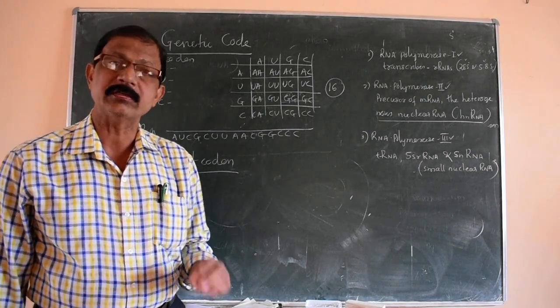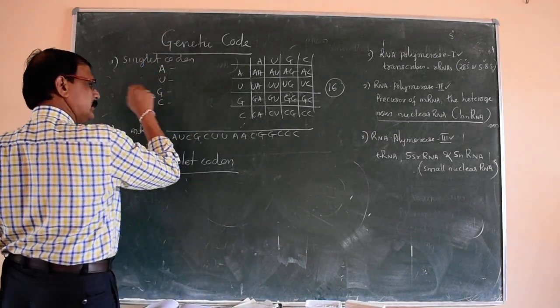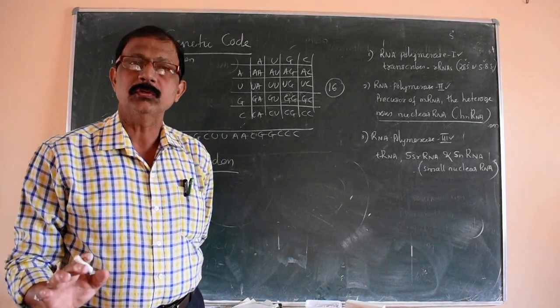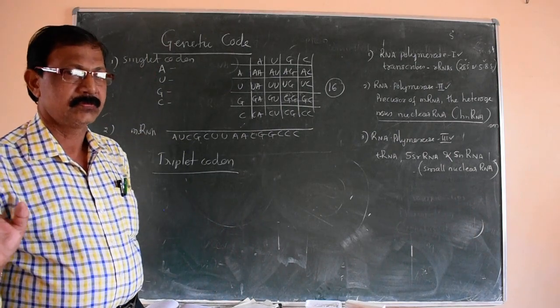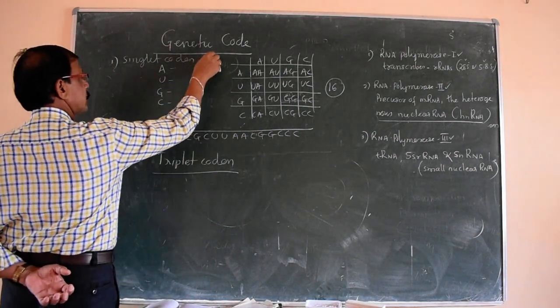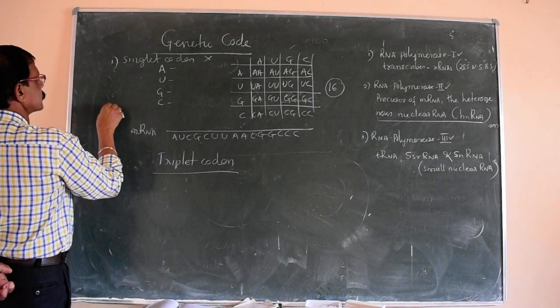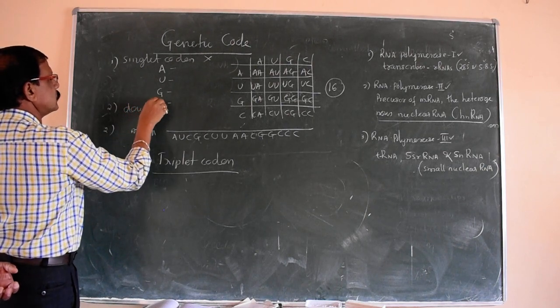There are 20 amino acids, but only 4 codes, A, U, G, C, which do not fulfill the need to give codes to all the 20 amino acids, correct? So that is why this failed. Then the next one, sorry, the doublet codon system. Singlet is over.